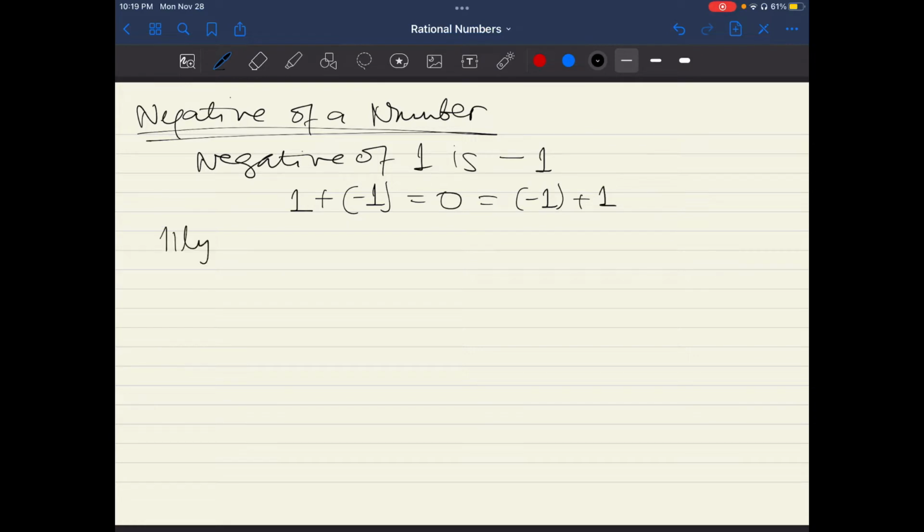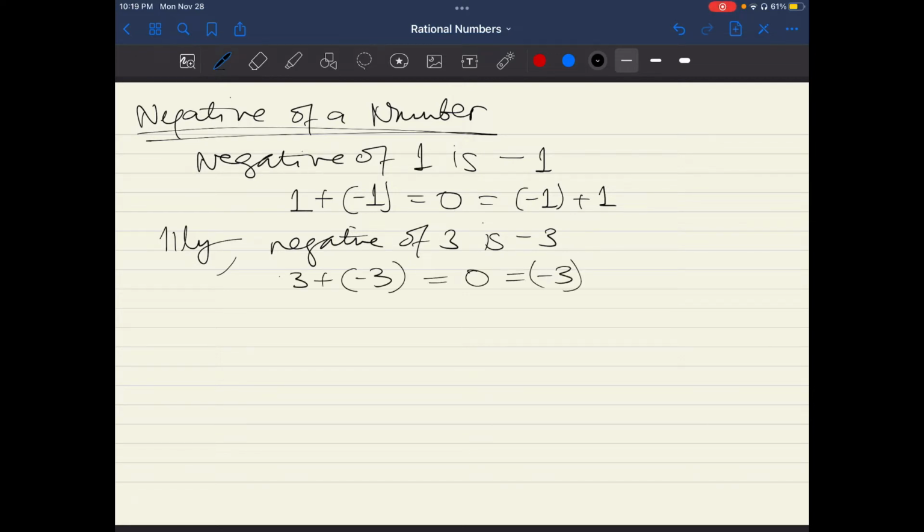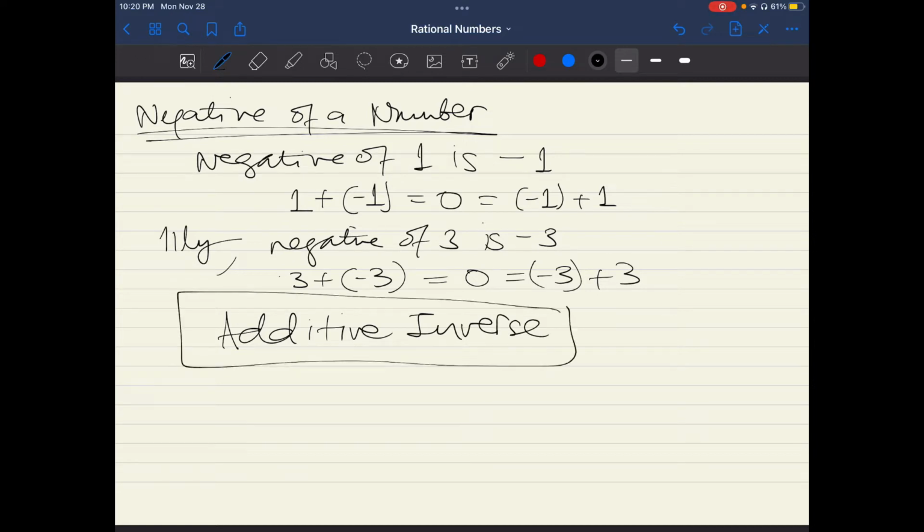Similarly, negative of 3 is minus 3, because 3 plus minus 3 equals 0, which equals minus 3 plus 3. Now, this negative of a number is also called the additive inverse of a number. The negative of a number is also called the additive inverse of a number.